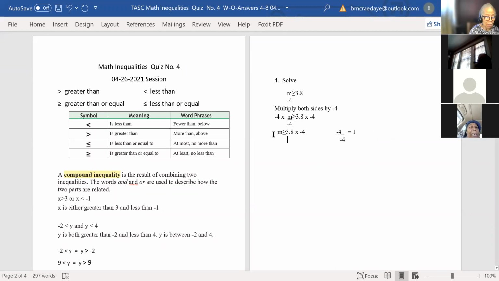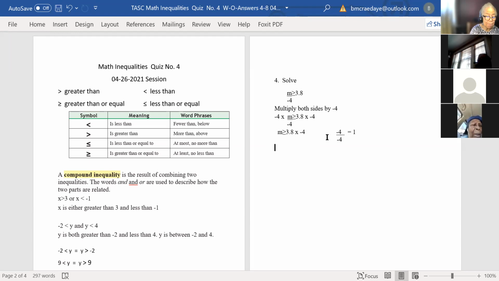Okay. Now what we have here, and we don't need to underline here. So now, what's 4 times 3.8, Vanessa? Minus 4 times 3.8. What would that be equal to? Minus 4 times 3.8.